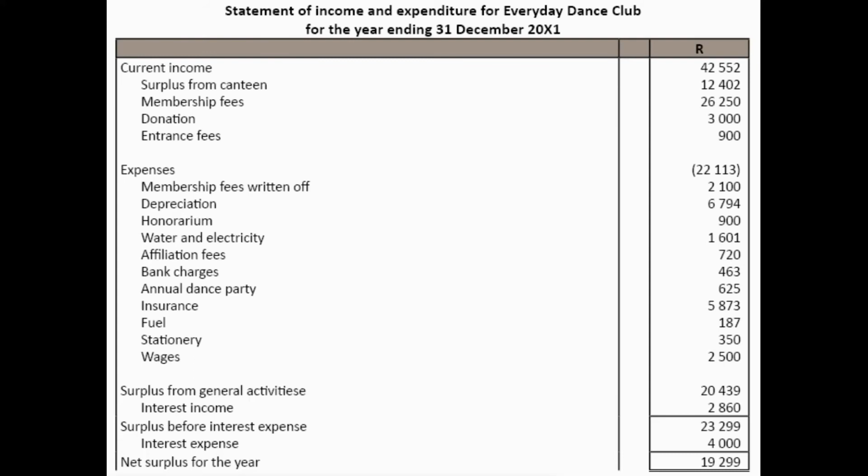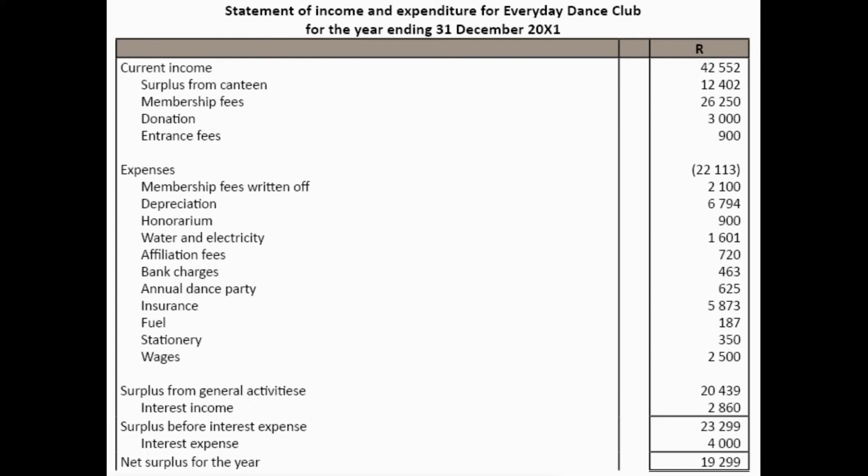And then affiliation fees 720. Affiliation fees and bank charges we get straight from the trial balance. Bank charges 463. Annual dance party 625, straight from the trial balance.